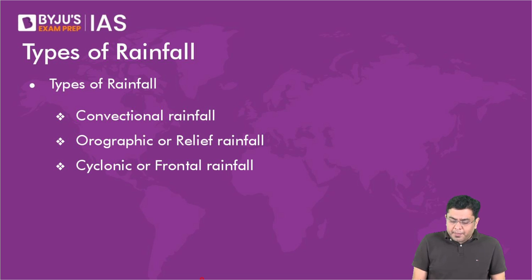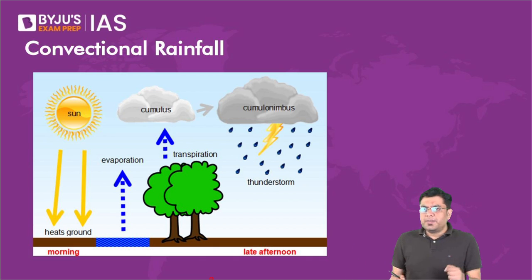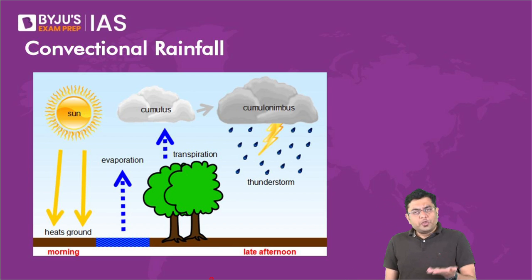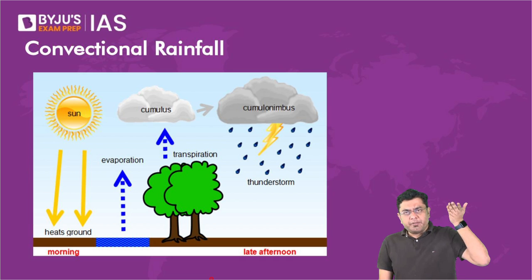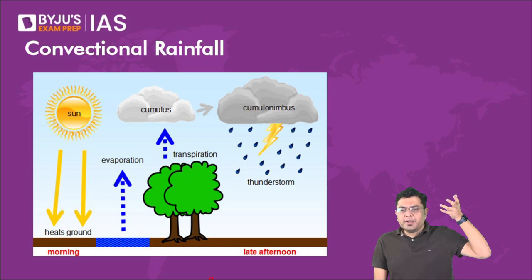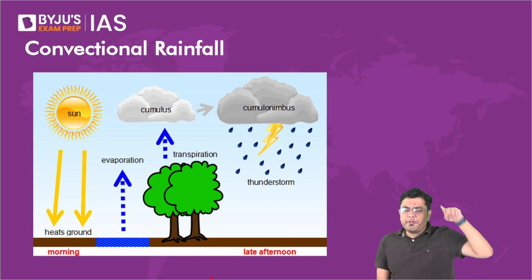So when we talk about the types of rainfall overall, convectional rainfall occurs generally in the late afternoons or in the evening when throughout the day you have experienced evaporation, and the evaporated material will end up condensing with a greater amount of height, and that is the convectional movement of air, hence the name convectional rainfall.